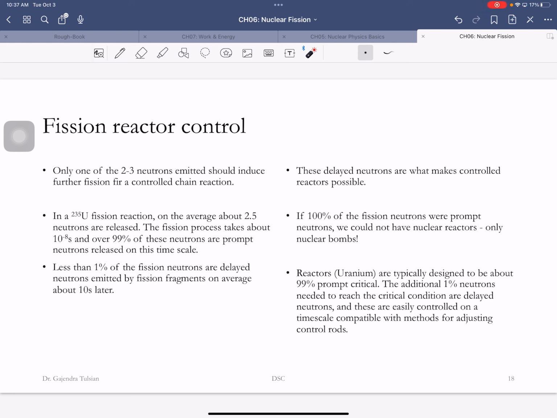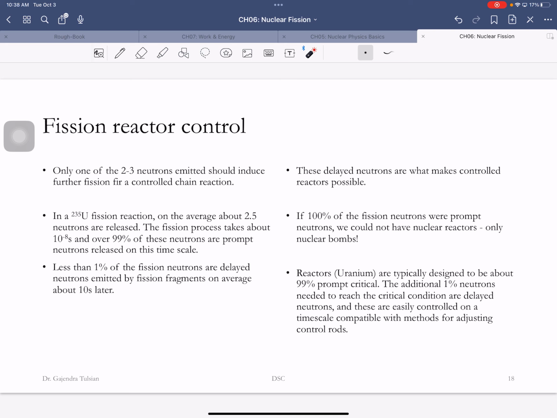Reactors are, so here's an important point. Reactors are typically designed to be about 99% prompt critical. What that means is 99% of the reactions are caused by the fast neutrons. Okay?